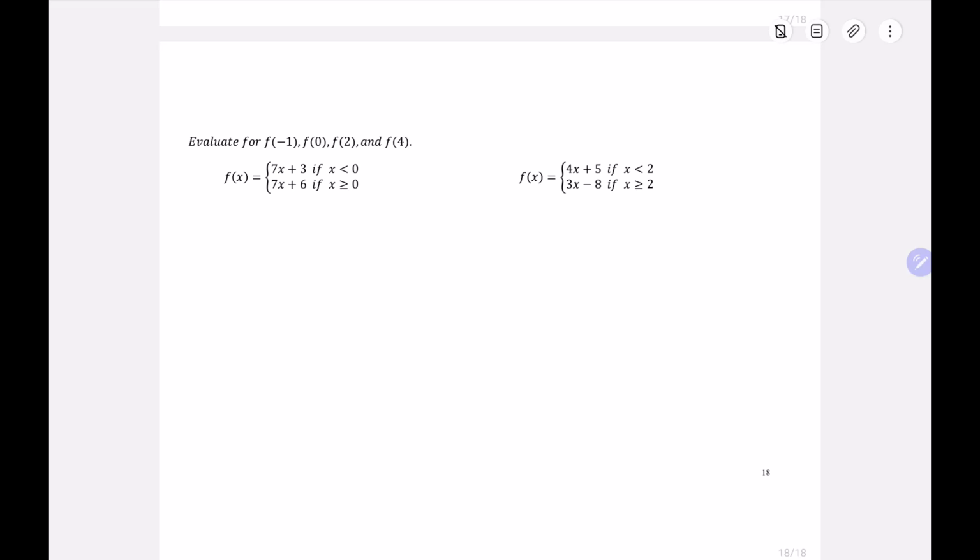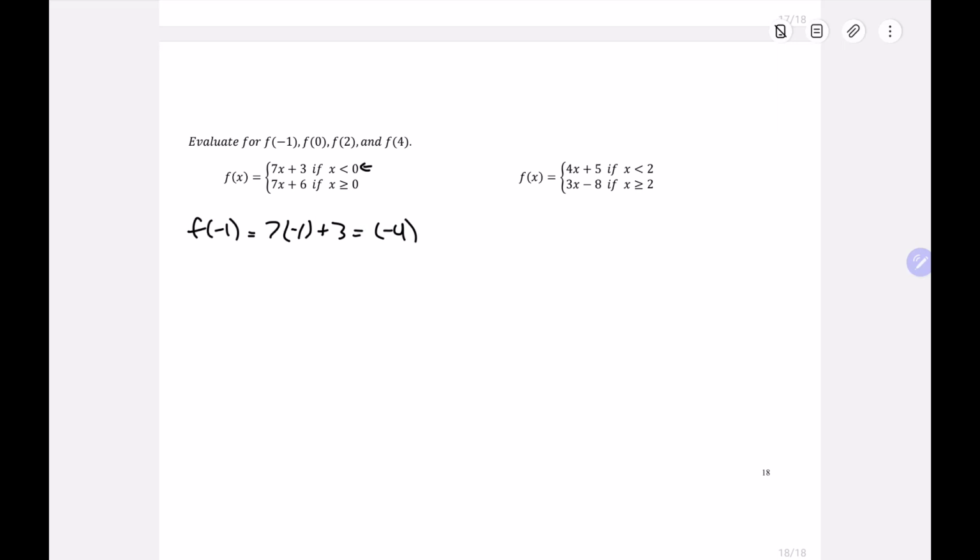And since we would want to follow wherever these points lie, we could look at f of -1 first. For f of -1, if we look at our domains, we would see that our -1 lies in this top function. So we would take 7 times -1 plus 3, and we would see that it would equal -4.